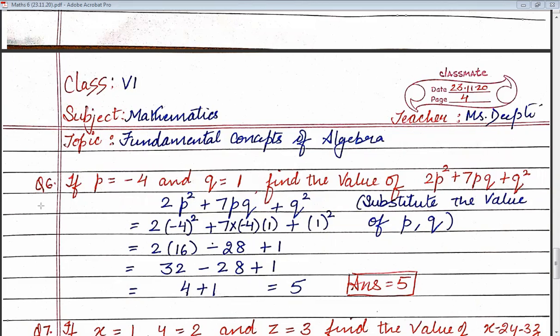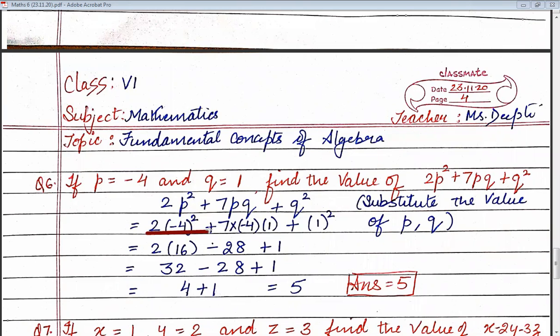Now, first of all, in this algebraic expression, we will substitute the value of p as minus 4 and q as 1. So now let us check out. So it is 2 times minus 4 square. Instead of p, we can substitute the value as minus 4.